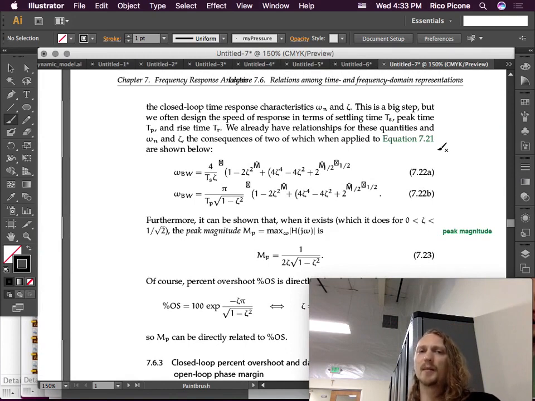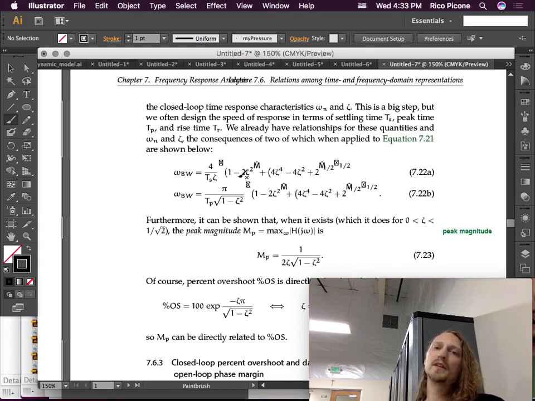This is a big step, but we often design the speed of response in terms of settling time, Ts, peak time, Tp, and rise time, Tr. We already have relationships for these quantities and ω_n and ζ. So the consequences of two of which, when applied to equation 7.21, are shown below.